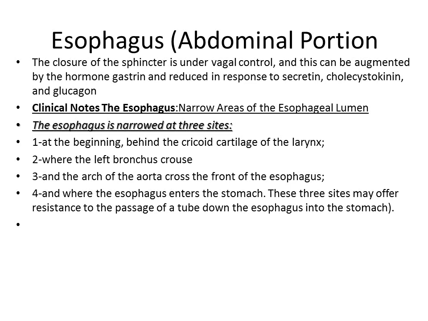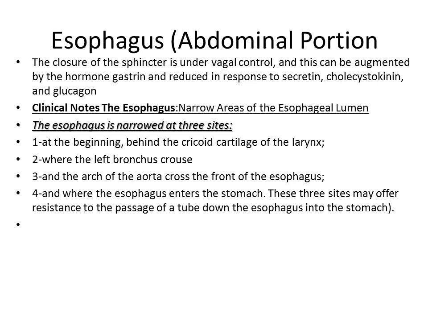What are the clinical correlations or clinical problems in this subject? First of all, there are certain narrowing areas in the esophagus. Number one, at the beginning, behind the cricoid cartilage of the larynx, the cricoesophageal sphincter.